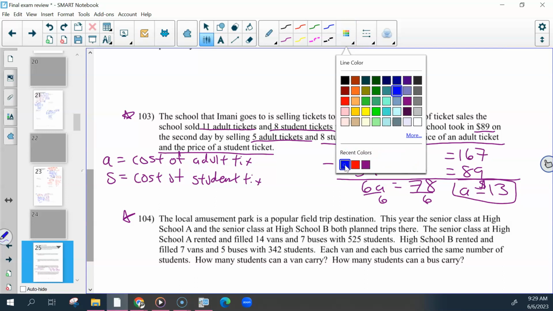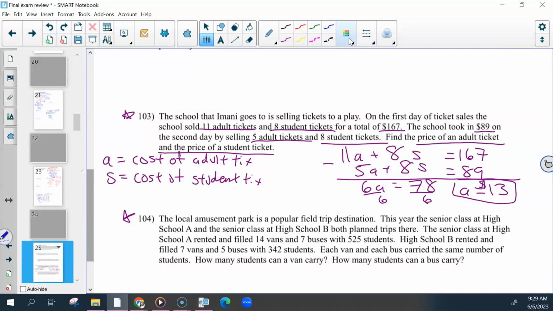Then go back and find your other one. Put that value into one of them, does not matter which one, and solve for S.